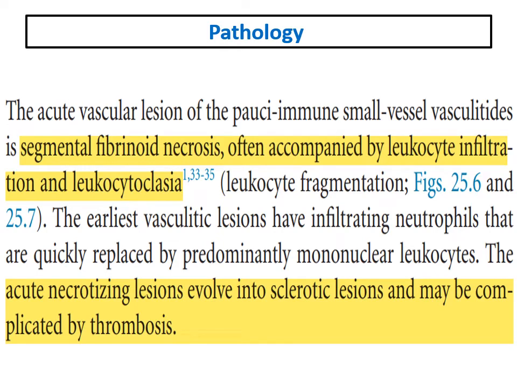Now let's discuss the pathology. To summarize, immune vasculitis are characterized by necrotizing crescentic glomerulonephritis. The acute vascular affection is mainly in the form of segmental fibrinoid necrosis. It is mainly necrosis. It is a necrotizing affection of the blood vessels and glomeruli.